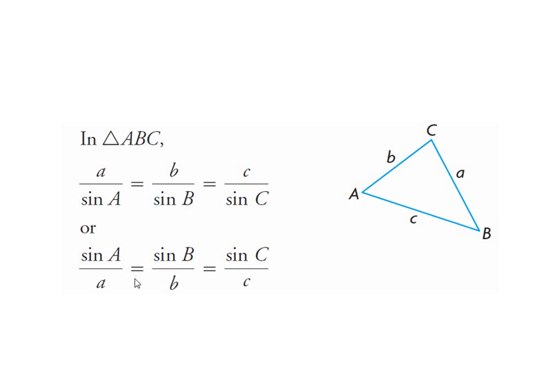If they are all flipped, then it is sine A over a is equal to sine B over b. This is also equal to sine C over c.